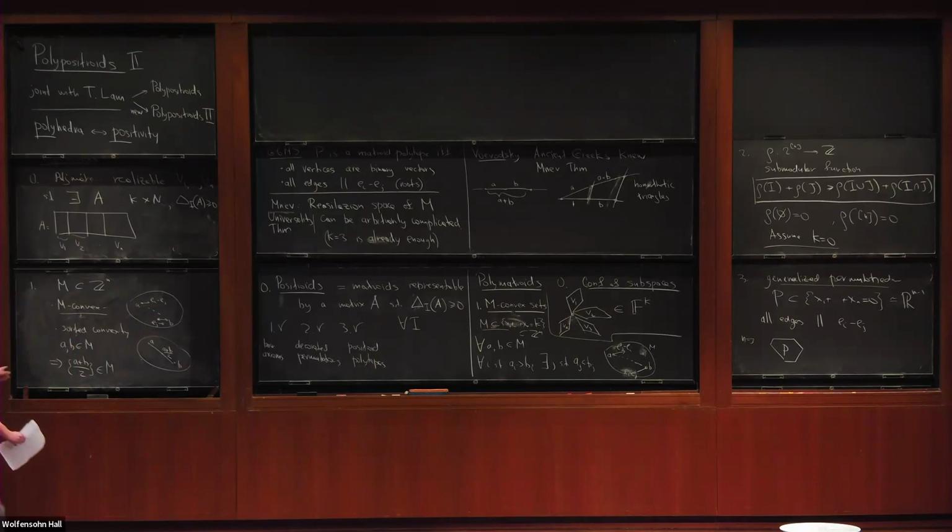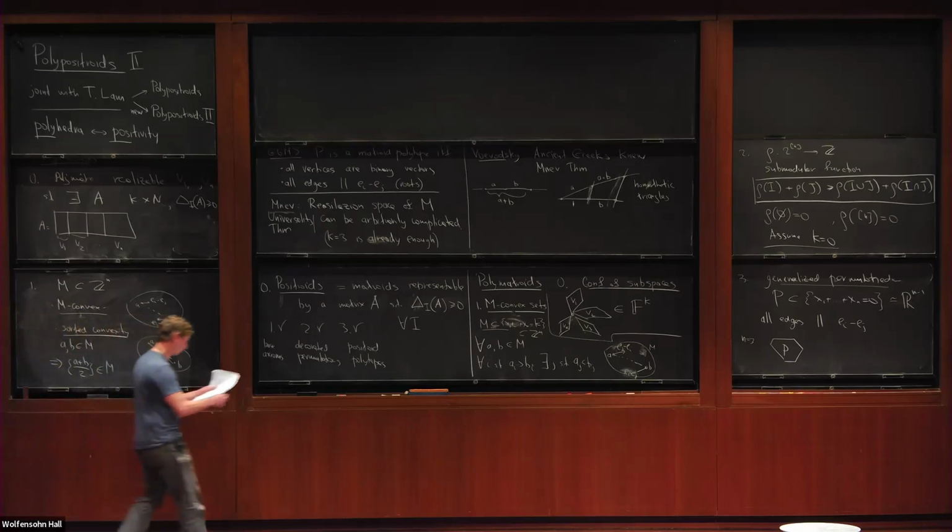That's the notation I use here. We find the closest integer point to the midpoint of the line segment. This is called sorted convexity, and we want to impose both of these conditions. That's exactly equivalent to the correct notion.